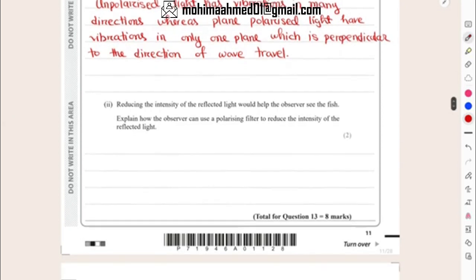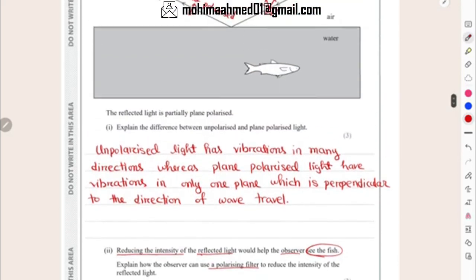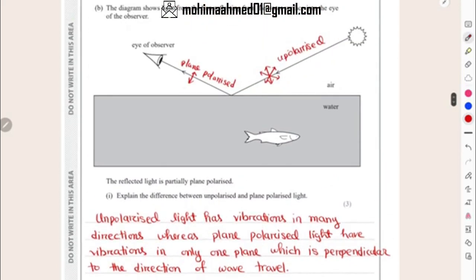Moving on to part 2, reducing the intensity of the reflected light would help the observer see the fish underneath the sea surface. Explain how the observer can use a polarizing filter to reduce the intensity of the reflected light. Now, if we go back to this diagram again, if for example your reflected light was vibrating vertically, in that case you should use a filter with horizontal lines.